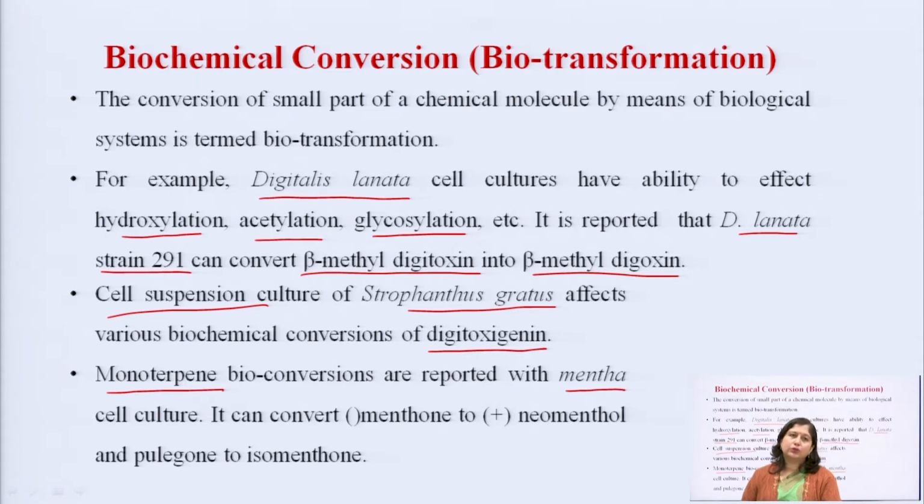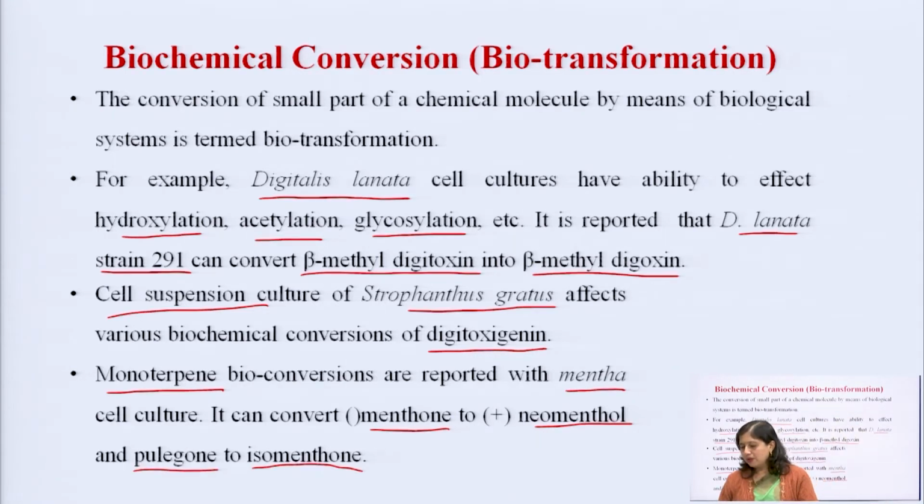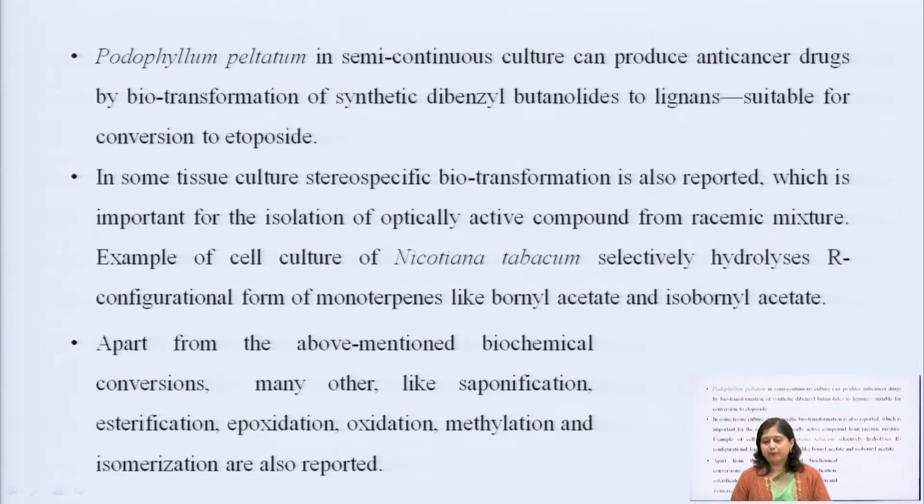Menthol is the main source, but other than menthol it contains many other compounds, for example menthone, pulegone, etc. When certain chemical reactions were done in this mentha, which was being grown through plant tissue culture, it was seen that menthone could be easily converted to neomenthol, while pulegone could be easily converted to isomenthone inside the lab.